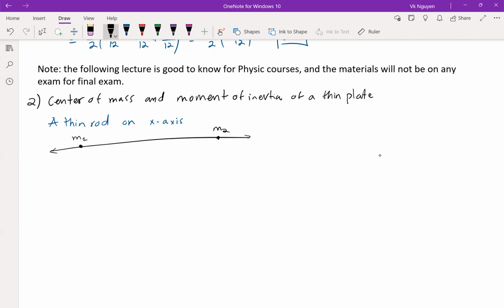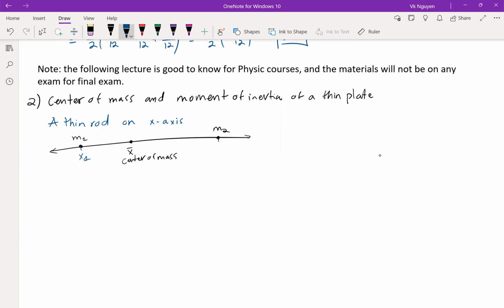Not exactly the same though. The center of mass is going to be somewhere not in the middle. Let's say that this is the center of mass there, x bar. So at M1, we can have an x1 right here.